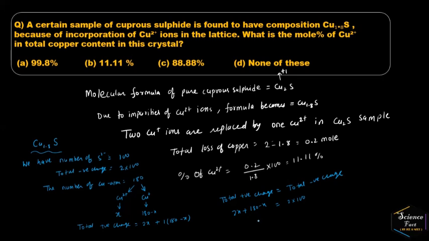So we will get x equal to around 20. Yes, 20. Of course, the percentage of Cu2+ ion is equal to 20 divided by total copper 180, into 100.